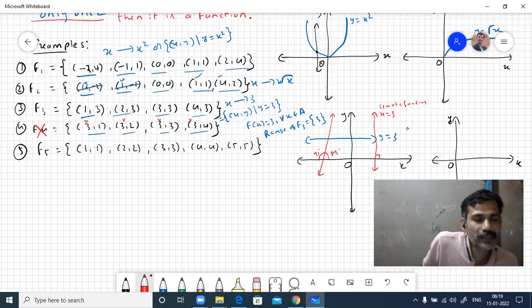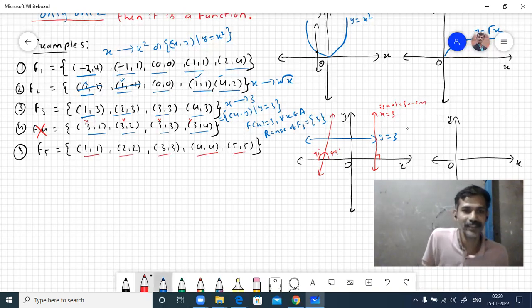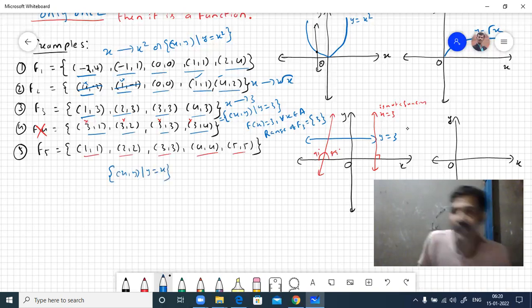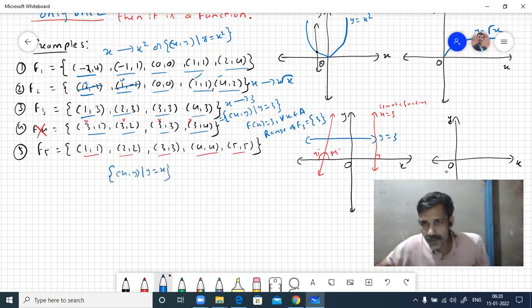Last, one more example we'll discuss: (1, 1), (2, 2), (3, 3), (4, 4), (5, 5). What kind of function is this? It contains all ordered pairs such that y equal to x. It is the identity function. The graph is y equal to x.